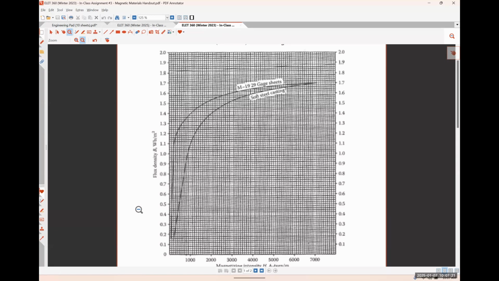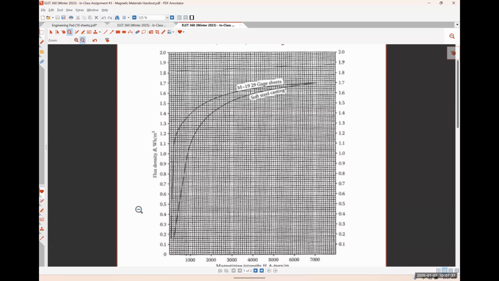So it's not going to be a constant. We're going to have to look at our tables to figure out where along our operational curve our effective circuit exists so that we know what the magnetic fields are doing, okay?